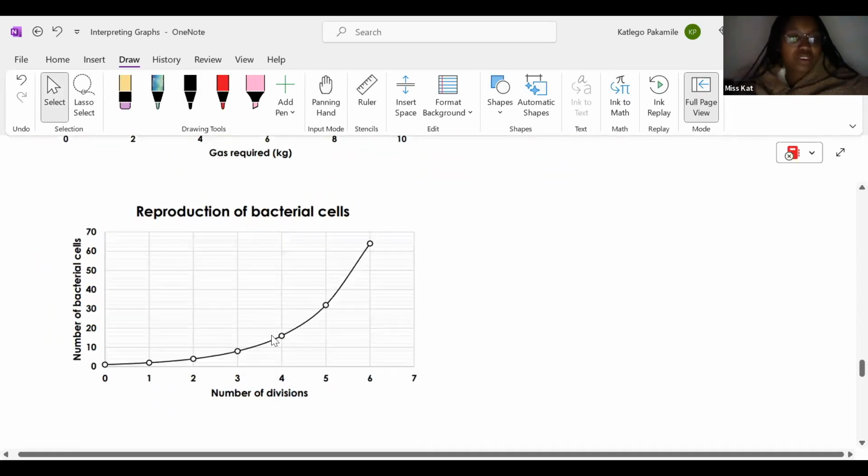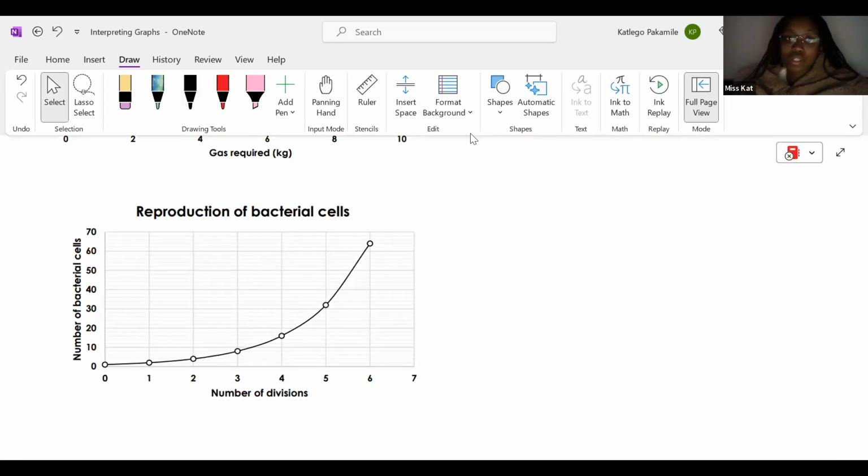Okay, let's see here. Reproduction of bacterial cells. Okay, now is this an increasing, a decreasing, or a constant graph? Let's hear what we have to say. The reproduction of bacterial cells. Kamugelos is increasing. Swangalushas is increasing. See what everyone has to say.